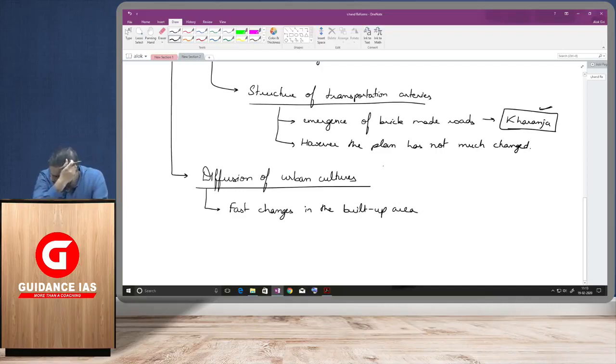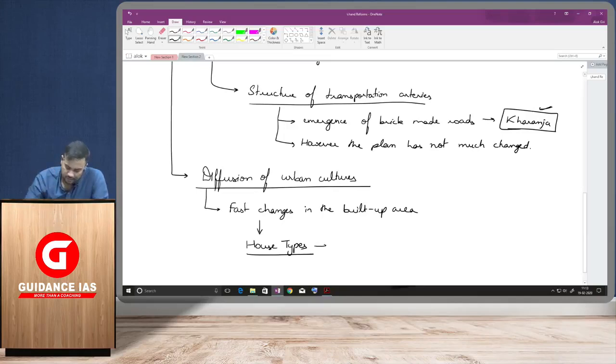Much of this development is individualistic. So here this fast change is mostly in what? In the house types. In the house types, this fast change has taken place, whereby the traditional houses have given way to modern houses made up of brick and cement.